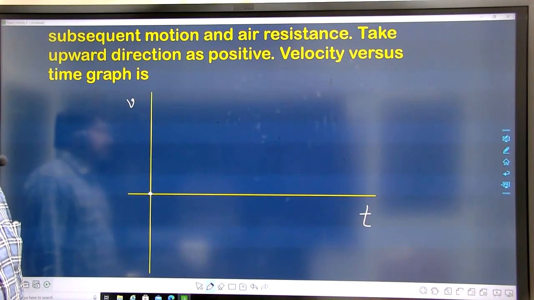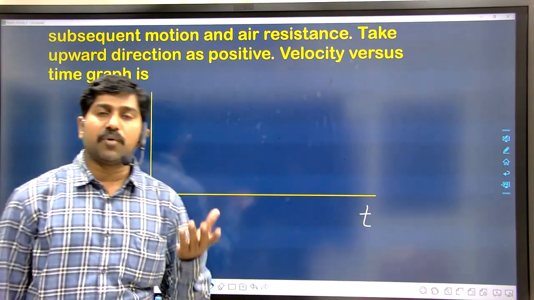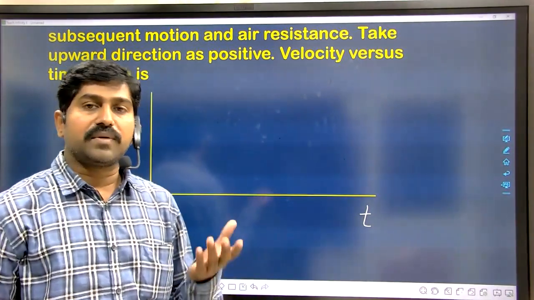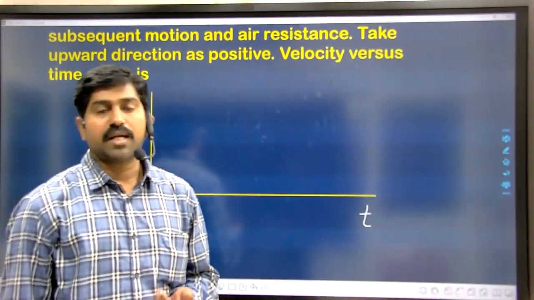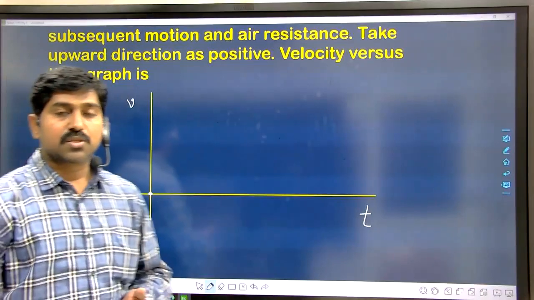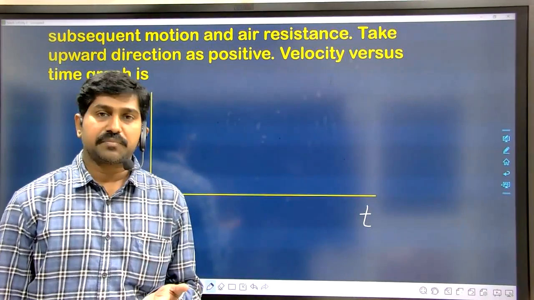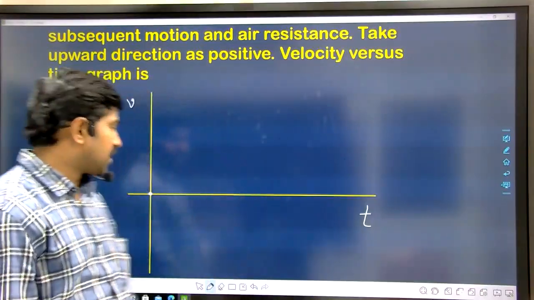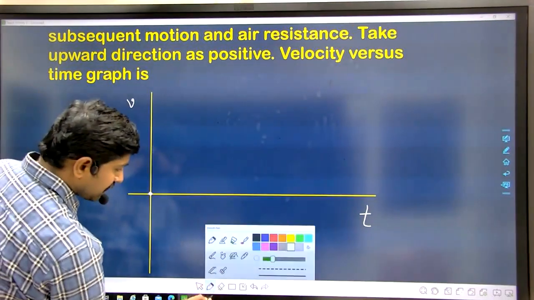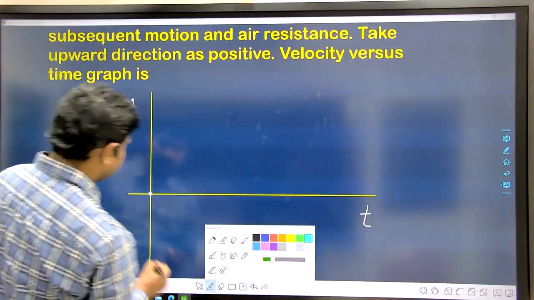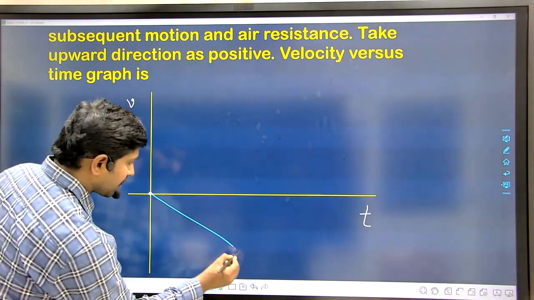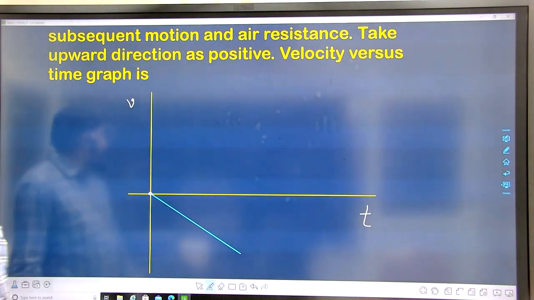And we know that when a body is simply dropped, v equal to u plus at, and of course initial velocity u is 0, so v equal to at. For a freely falling body, acceleration remains constant, so velocity is proportional to time, so we know that it is simply a straight line.